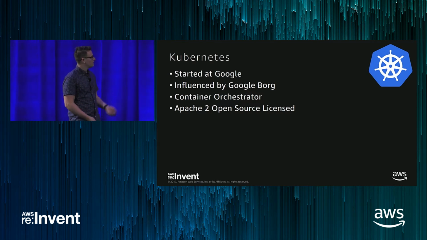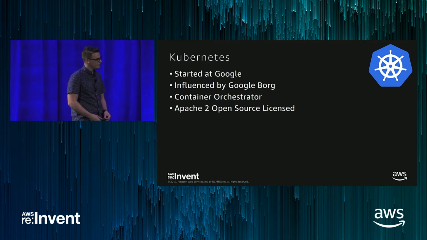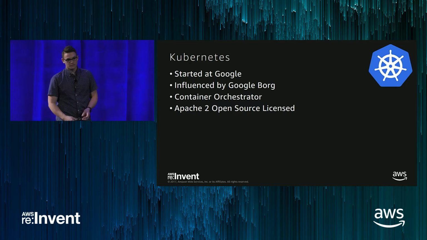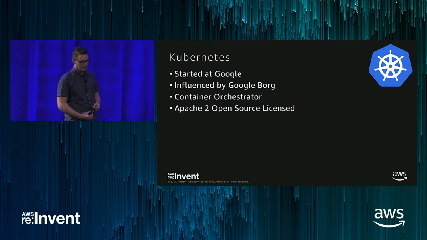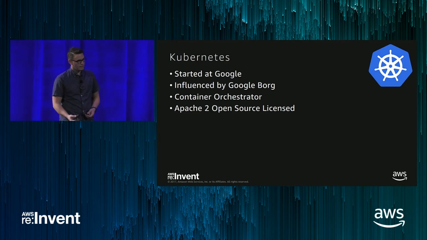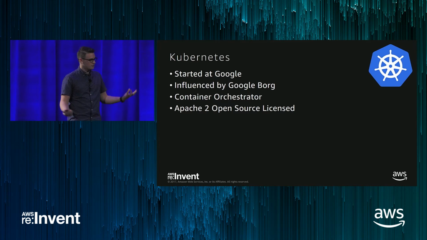So it's a strict container orchestrator. Right now, it has support for CRI-O as a container runtime, Rocket, and Docker. There's other people out there that are working on new runtimes that are interesting and fun to play with. And again, this is Apache open source licensed, and it was donated to the CNCF as a project. So it's actually not a part of Google anymore.